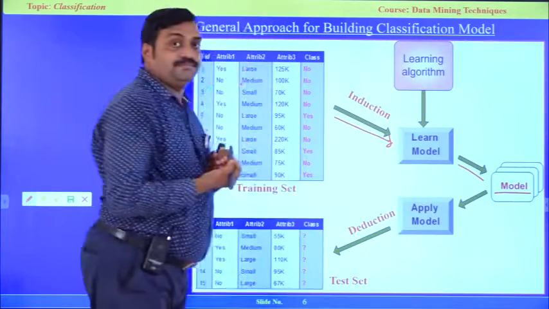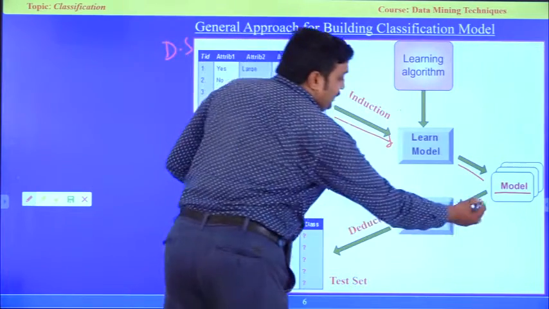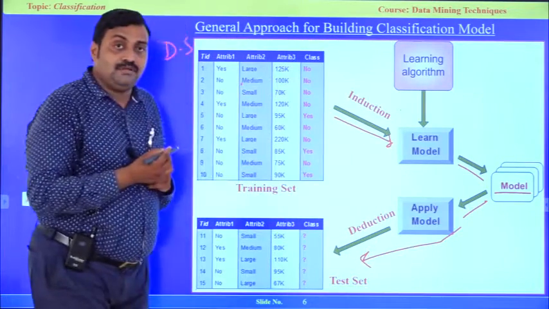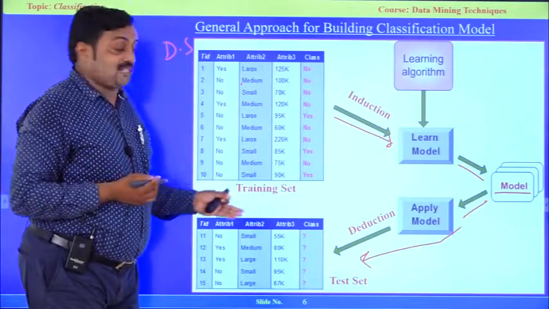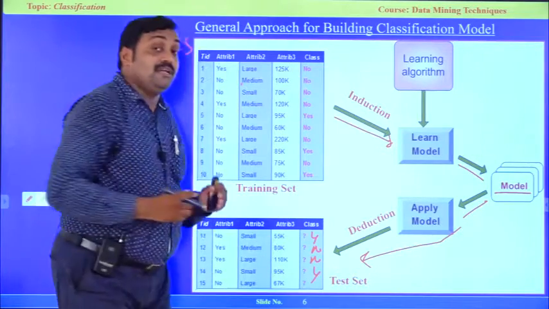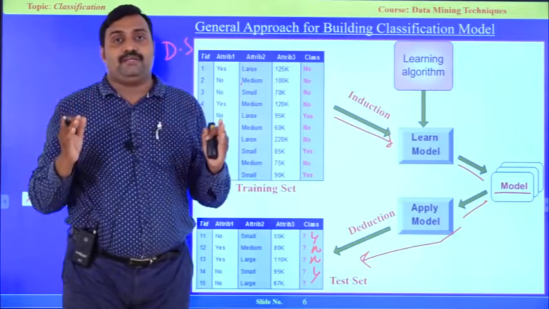Model is designed. Now the designed model we have to apply to the test data. If this test data is properly classified as S class, no class, S class like that, then we can say that accuracy is good, your model is perfect.